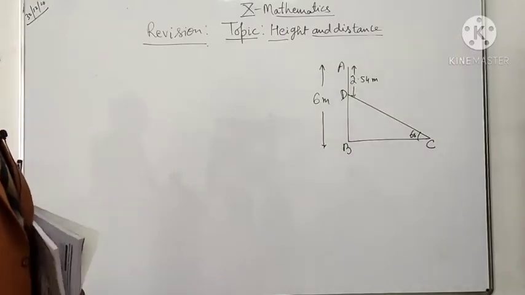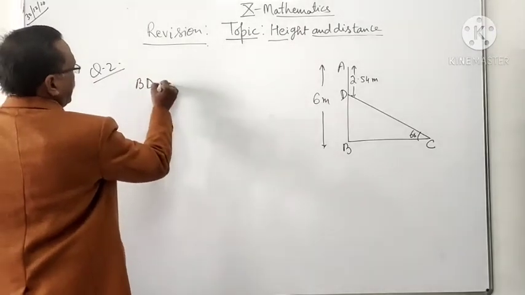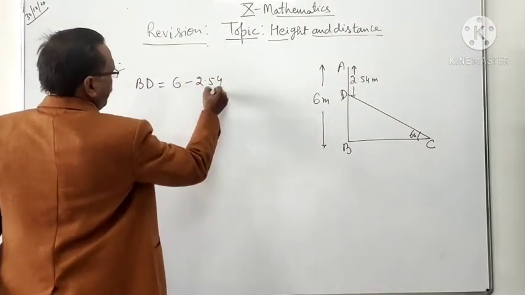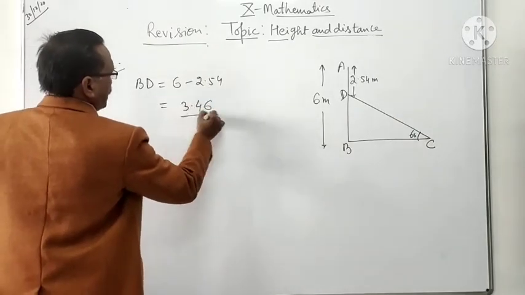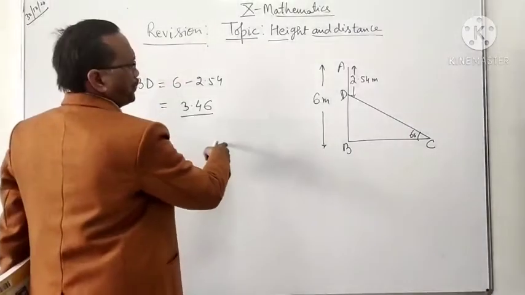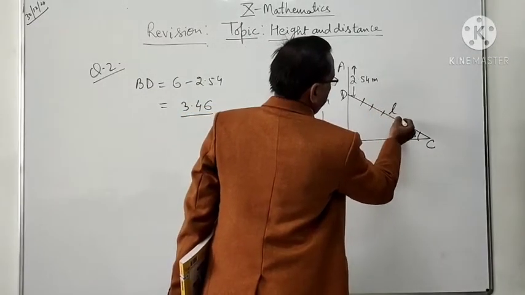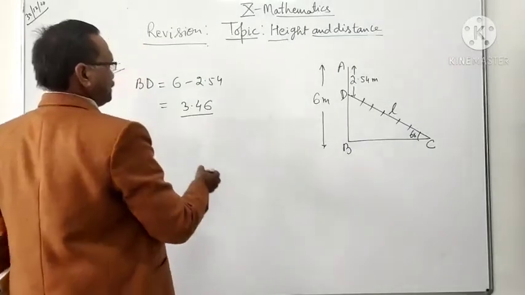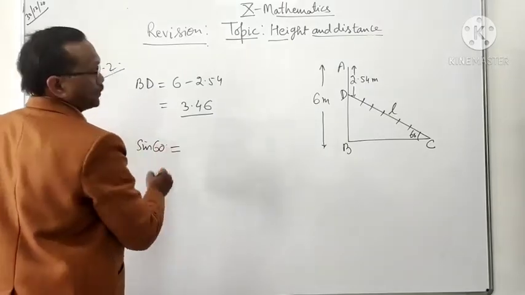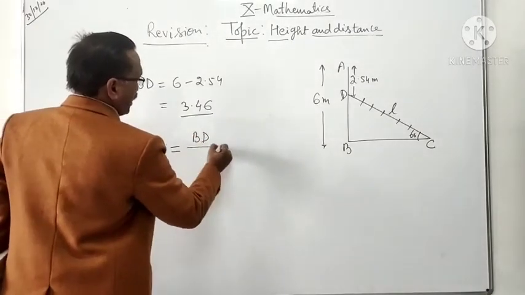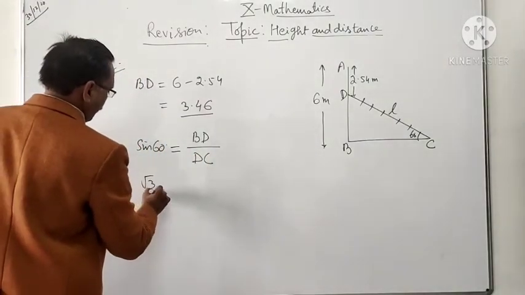So, student, we will find BD. This is question number 2. Here BD equals 6 minus 2.54, so it is 3.46. It is BD. Now, to find the length of the ladder, let DC be the ladder and we will take the sine. Sine 60 degree equals perpendicular BD upon hypotenuse DC. The value of sine 60 is root 3 by 2.